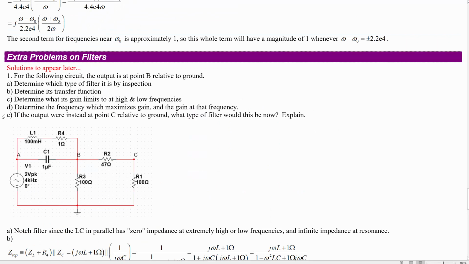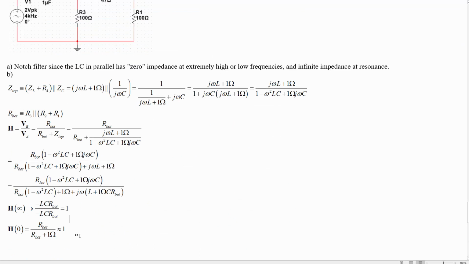At the maximum, so the frequency that maximizes gain and the gain at that frequency.